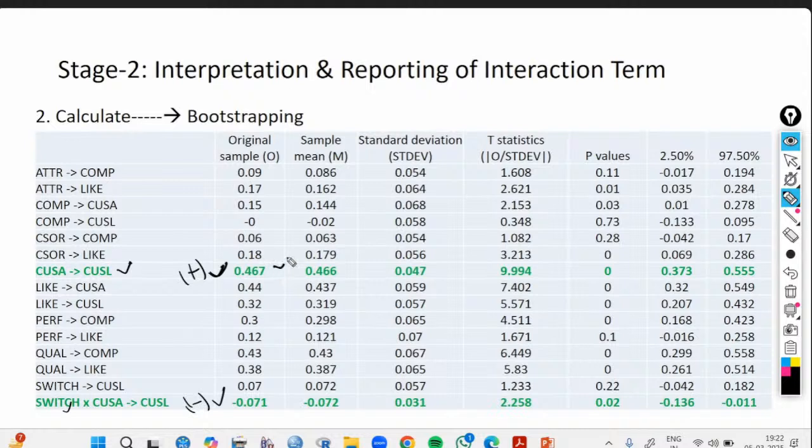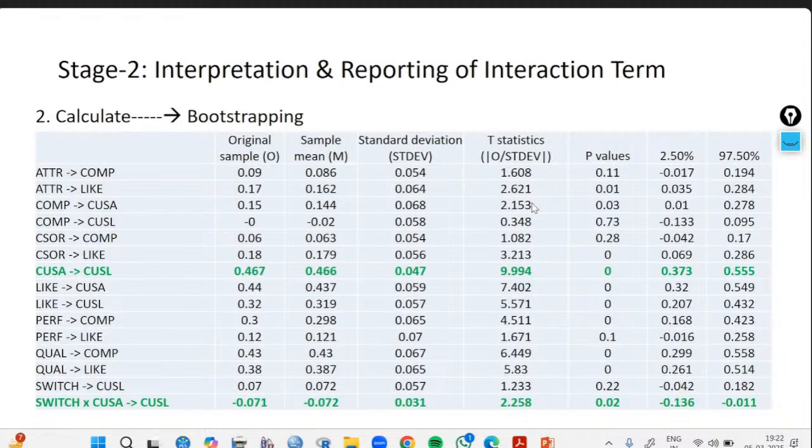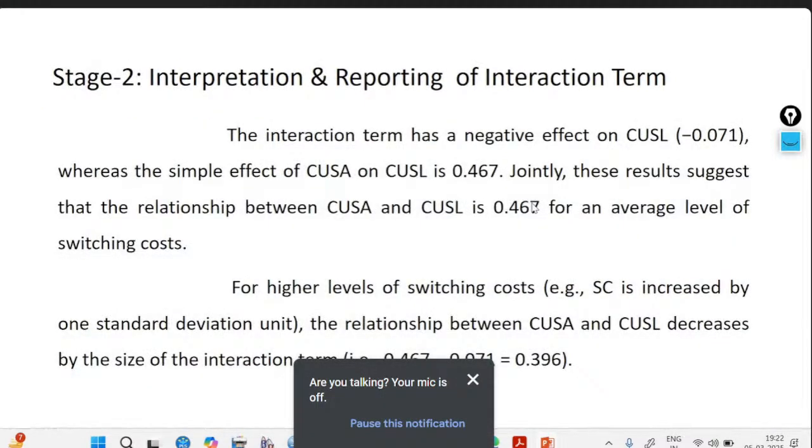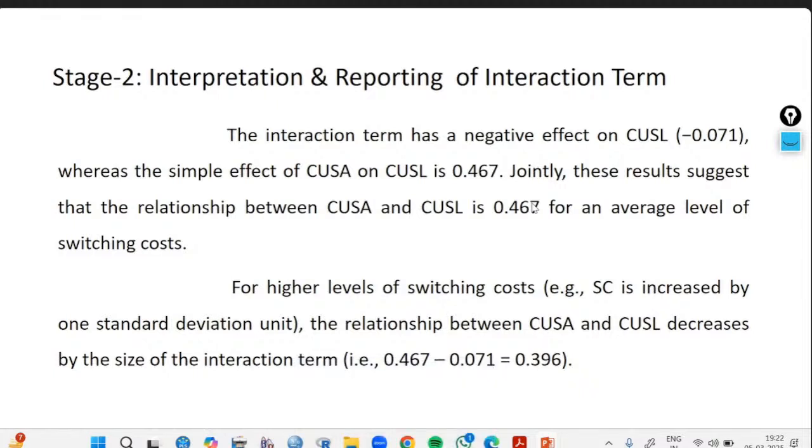इसकी स्ट्रेंथ भी कम कर दिया, and it can reverse the sign of the two variables, dependent and independent variable. साइन भी चेंज हो गया इसका. तो ये मॉडरेटिंग वेरिएबल का इम्पैक्ट है. तो देखिए फिर इंटरप्रिटेशन हम इस तरीके से करेंगे. The interaction term has a negative effect on CUSL, whereas the simple effect is 0.467.